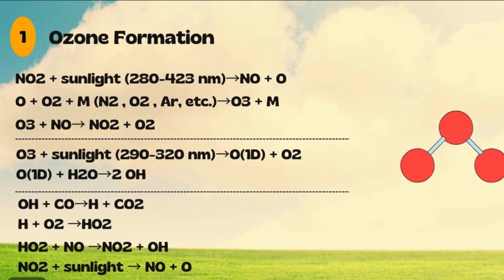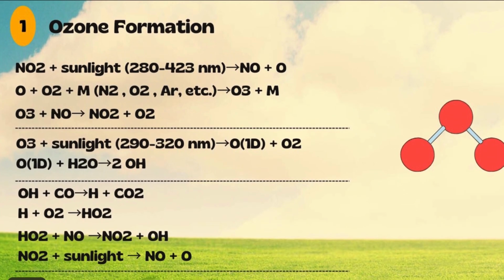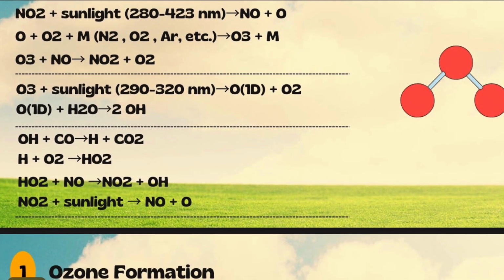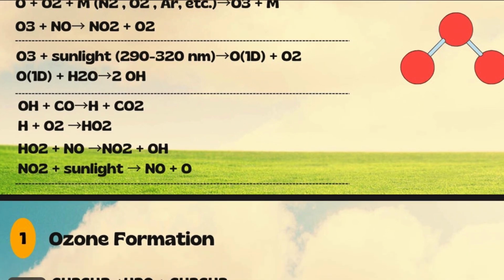So we can summarize that during ozone formation, this is the main reaction, in which in the second step ozone is formed, but in the next step this ozone is consumed. So the level of tropospheric ozone during smog formation is very high. It means other species are involved. Those other species include the hydroxyl radical and the hydroperoxy radical. How OH is produced has been explained in these reactions, and how HO2 is produced is explained in these reactions.